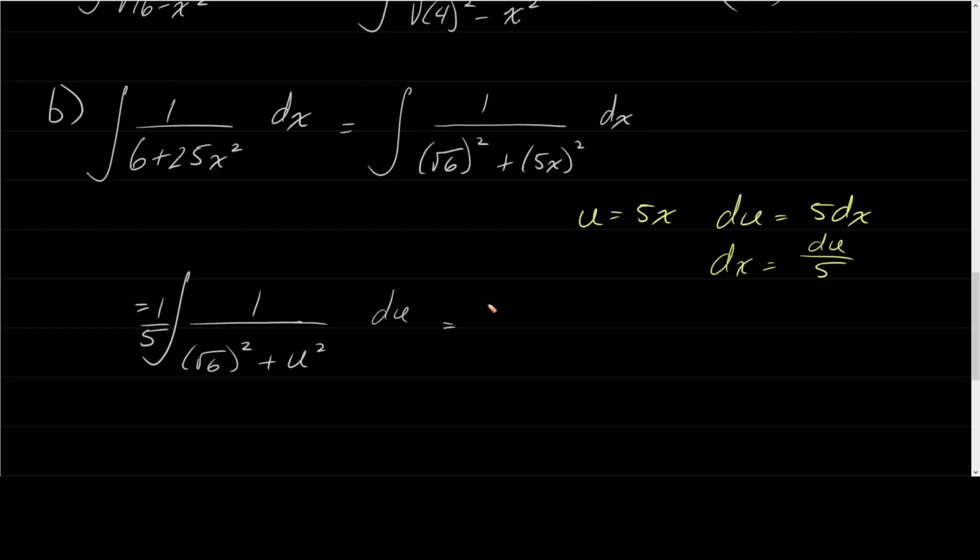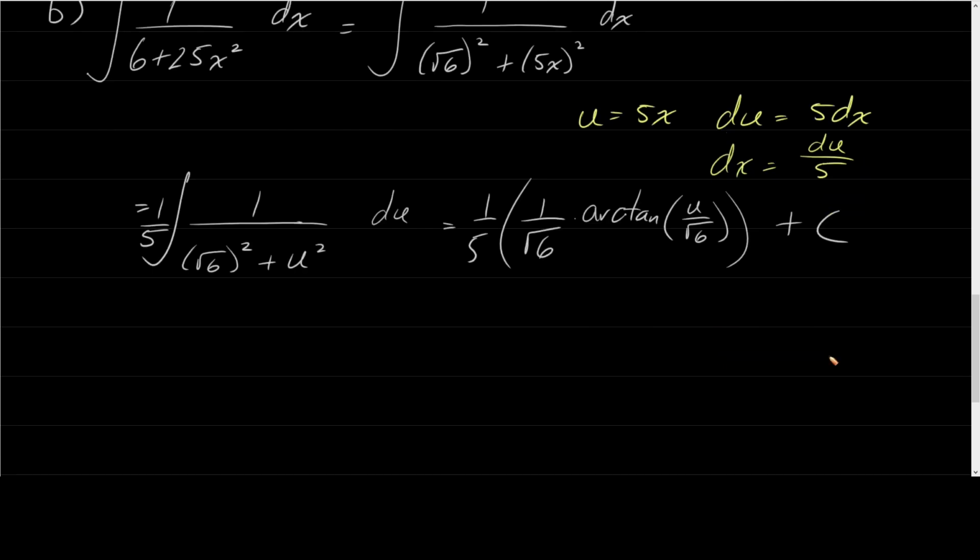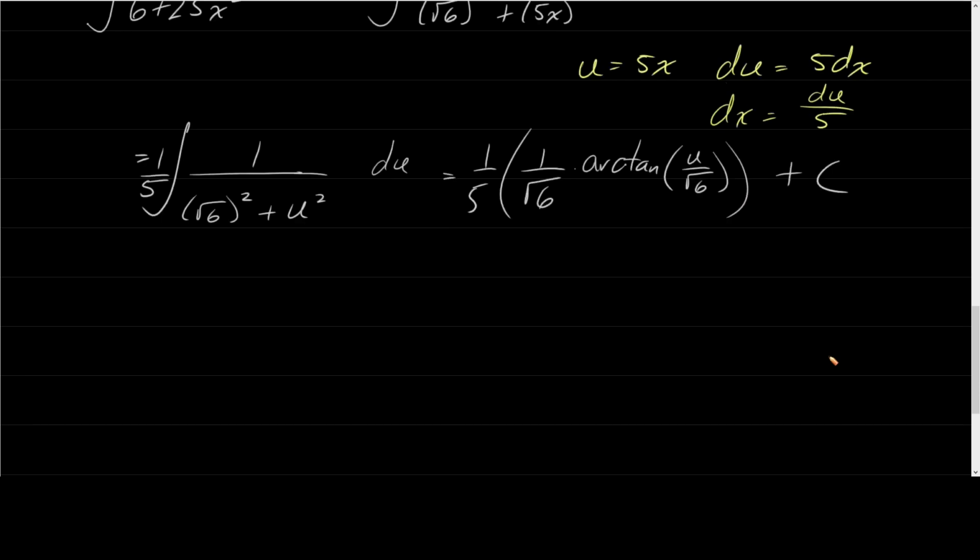So what we're going to get now is, well, we have that 1/5 from the constant in the front, and then we said it was 1 over a, so 1 over the square root of 6 times arctan of u over a, so u over radical 6. And then all of that plus c, right? I won't rationalize it, but I will change the value of u.